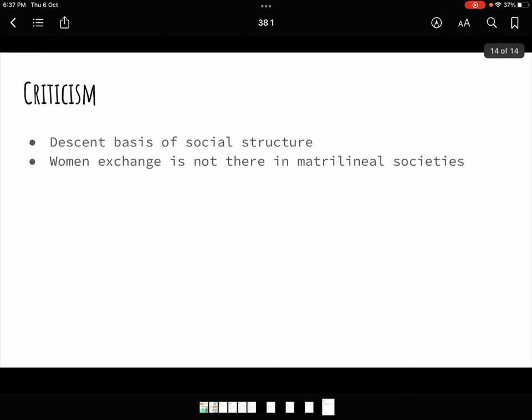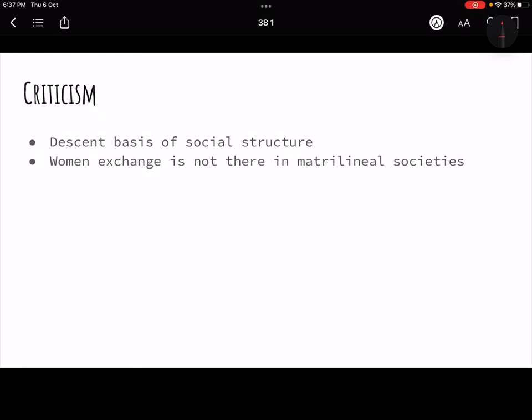So now there is criticism to his theory also, because what Claude Lévi-Strauss was saying was basically that alliance theory, he gave a lot of importance to, or rather he said that descent grouping is not that important as alliances. Basically उसने ज़्यादा importance alliance theory को दिया.